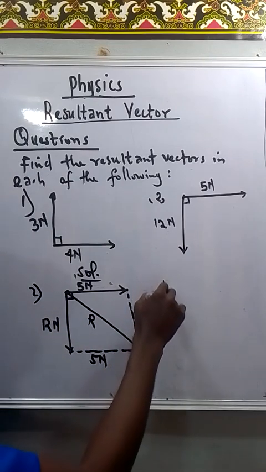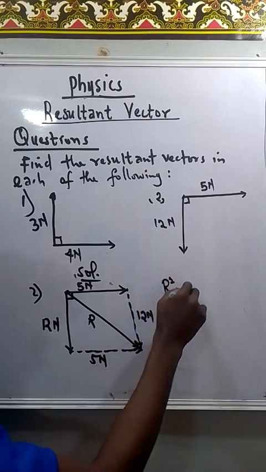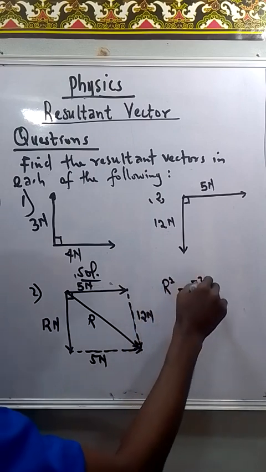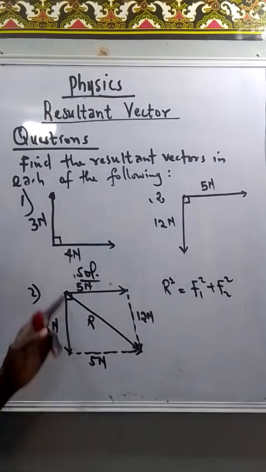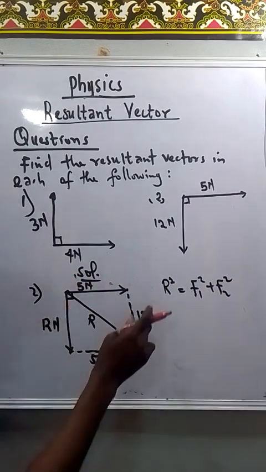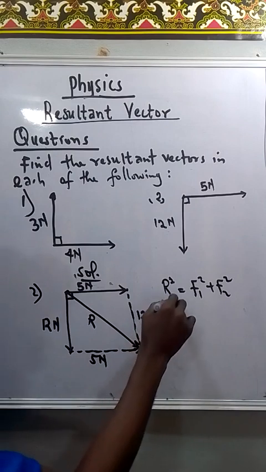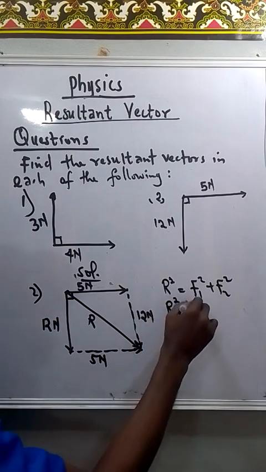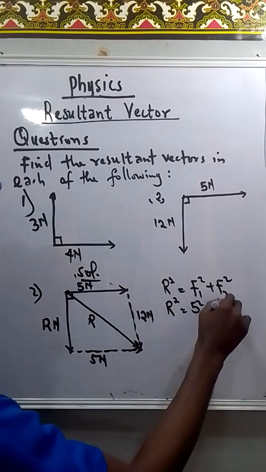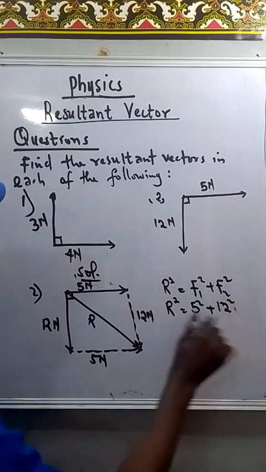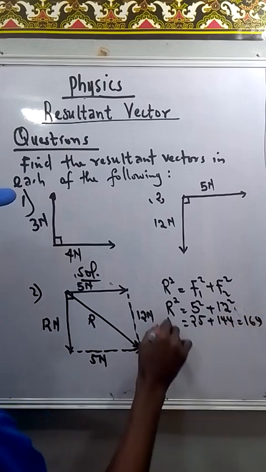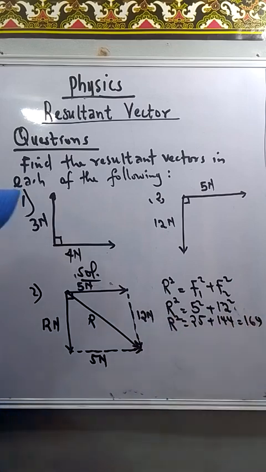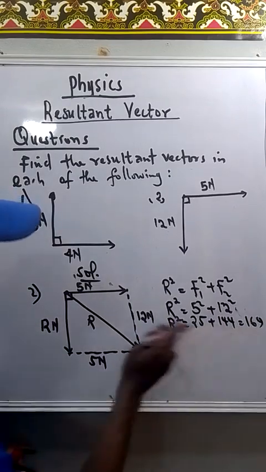Now, we can have our r squared according to the formula equal to f1 squared plus f2 squared. You can pick any one we like as f1. Let's pick 5 as f1, 12 as f2. That means r squared will be equal to 5 squared plus 12 squared, so that's 25 plus 144. That's 169. R squared equals 169. So we take the square root of both sides.